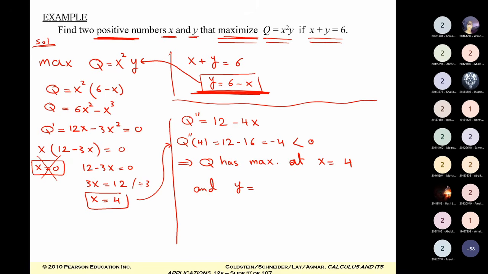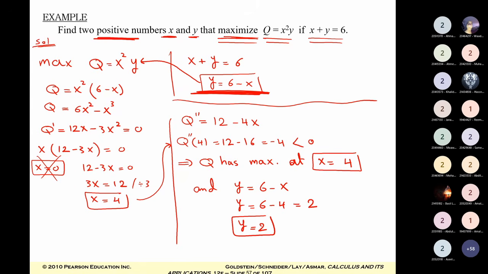Okay, the value of y, 6 minus x, this equal 6 minus 4, so we have 2. So the value of y equal 2, and this is the value of x. The summation between x and y equals 6. And we find q is maximum at x equal 4 and y equal 2.